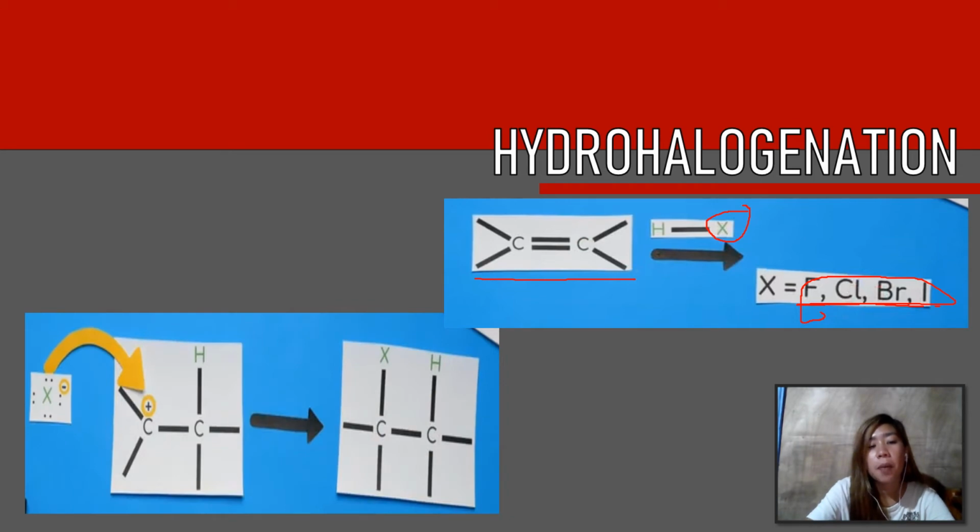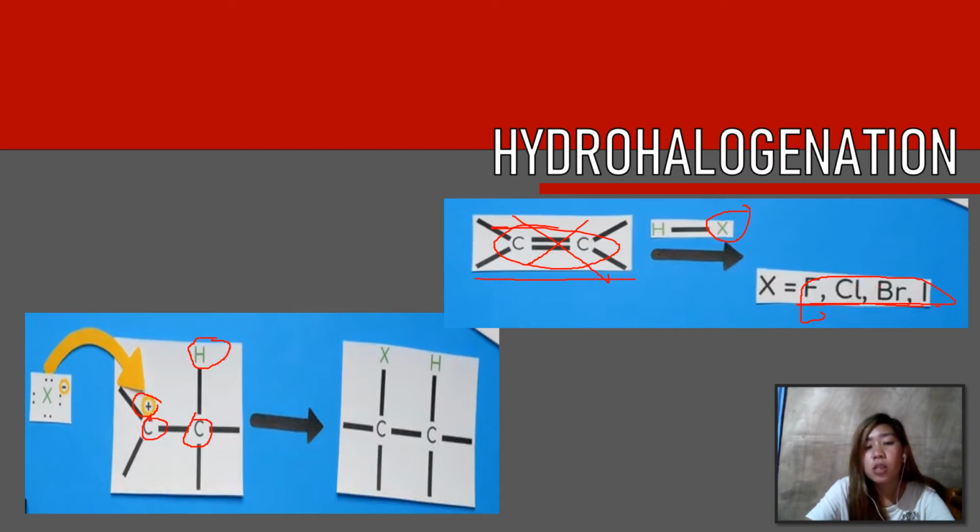Next, this happens, the protonation process. Because the hydrogen here already attached itself to the carbon here, the double bond between these two carbons will be broken. Once it does, a proton will be added to this carbon here.